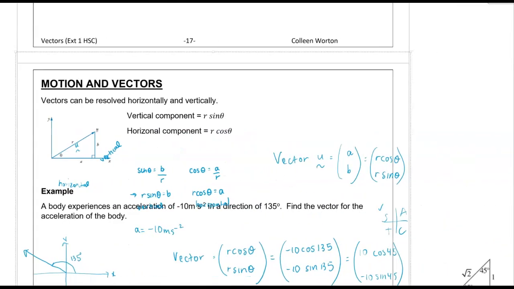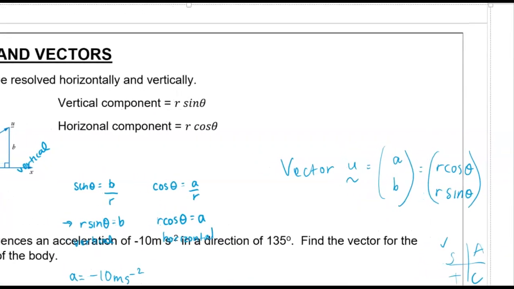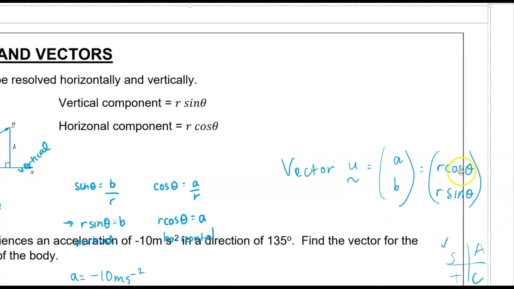But similarly, if we pop in our a and b values, we could write our vector u as (r cos theta, r sine theta). That's really important to remember. You should have looked at this in terms of the unit circle already, earlier in year 10 or year 11. But if you forget, you can always go back and have a look at how that's derived.